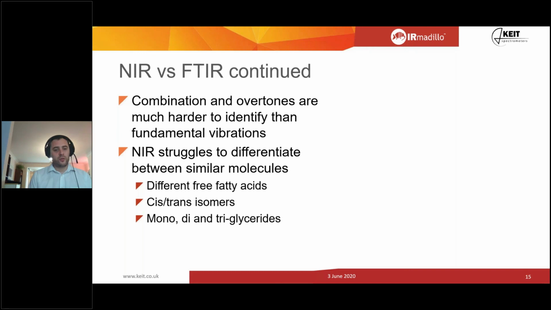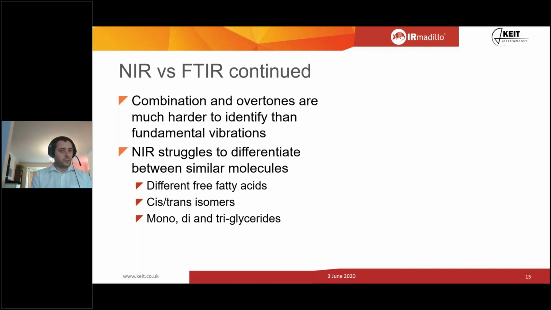And near infrared struggles to differentiate between similar molecules. For example, free fatty acids, cis-trans isomers, mono, di, and triglycerides. Identifying the difference of those with near infrared is extremely difficult and requires a lot of calibration standards. And that is probably why, if any of you did try it and it didn't work, that's why it didn't work. It is a really hard technique.